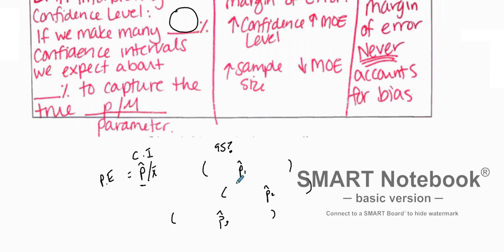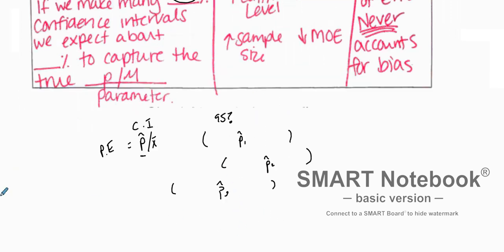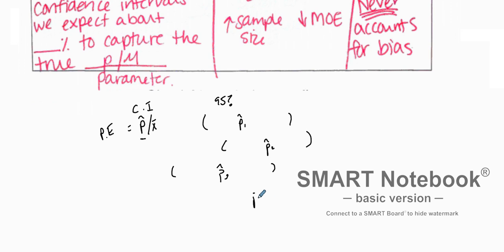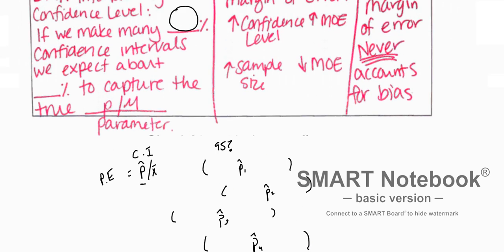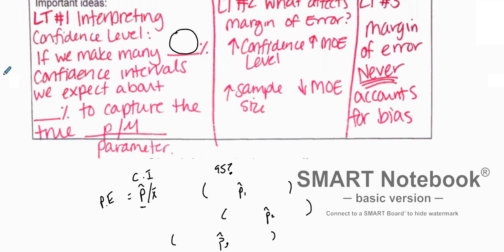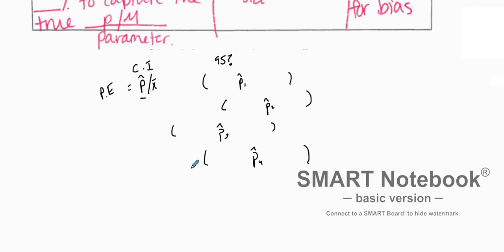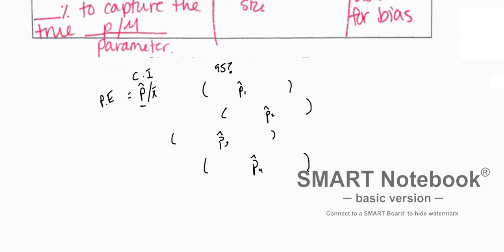And you start realizing that each time you make a new point estimate, your confidence intervals will be different. Now, what it's saying here is that you can make several different ones, and you can make an infinite amount, or at least however many combinations of point estimates you can possibly make out of the population.